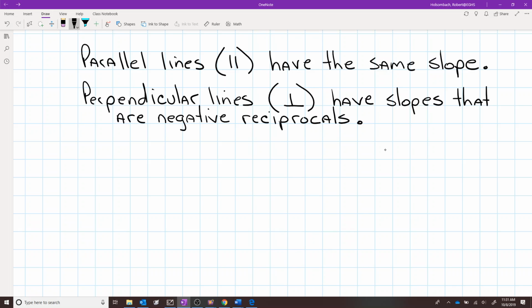Negative reciprocals, meaning they have opposite signs and the numerator and denominator have been switched.